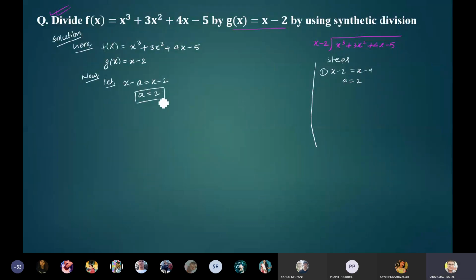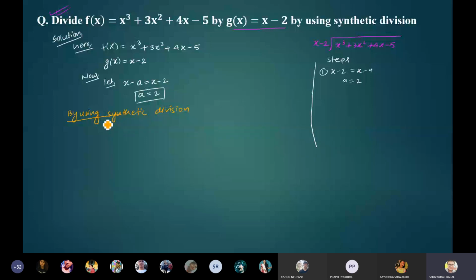We discussed this in the remainder theorem also. This is our very first step. And now let's use synthetic division. Learn to use synthetic division in the proper way.